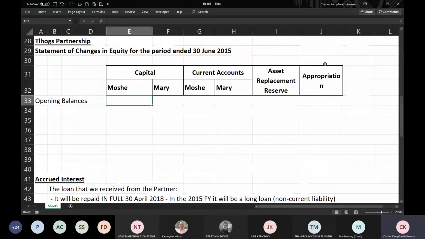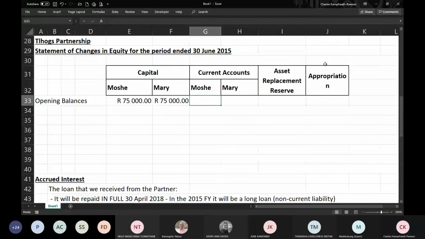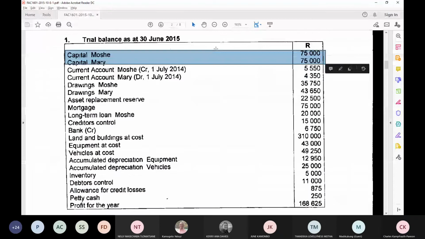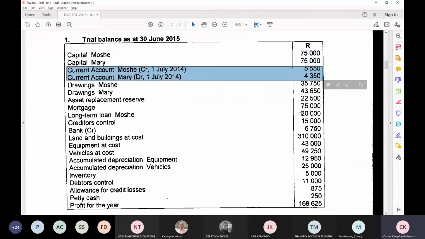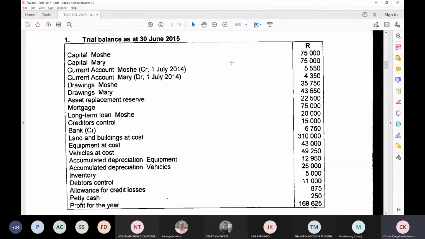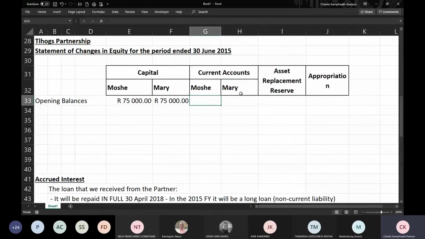In other words, their capital has remained the same, opening and closing. Current accounts. Here they give us the opening balances of the partners. So let's record them.